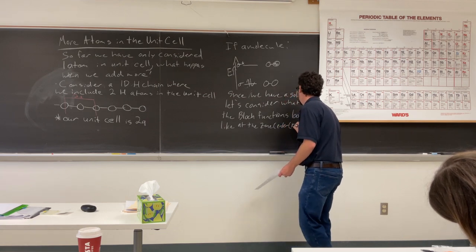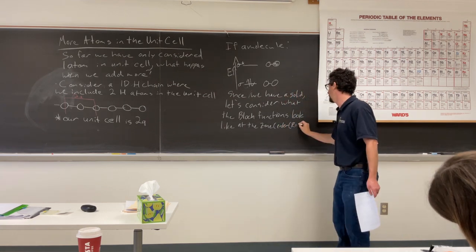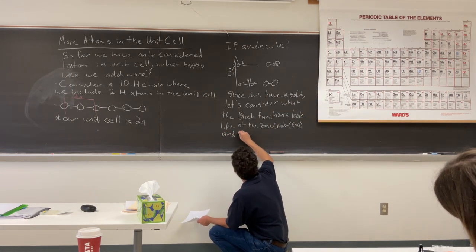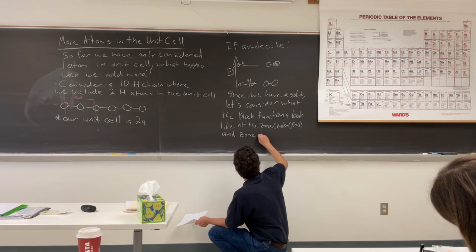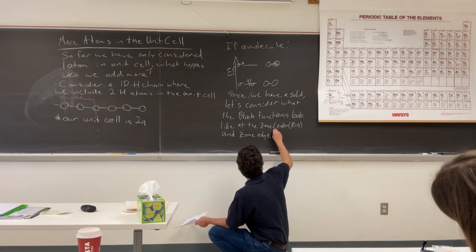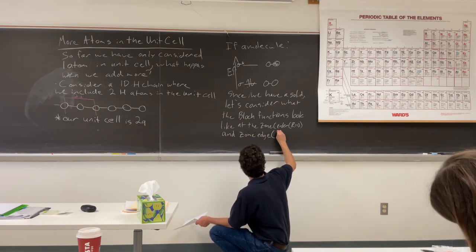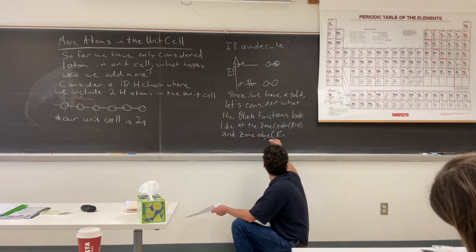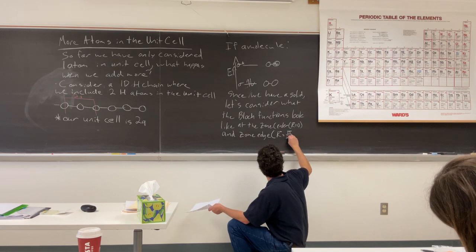What's my value of k at the zone center? Yep. And zone edge. What's my value of k at the zone edge in this case? Yep, it's pi over 2a. Good work.